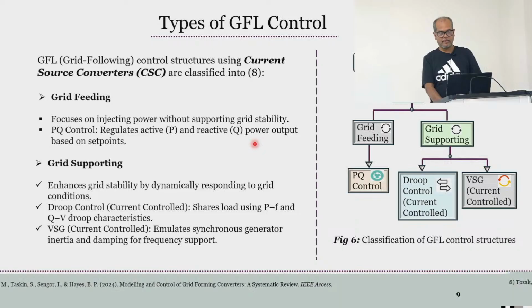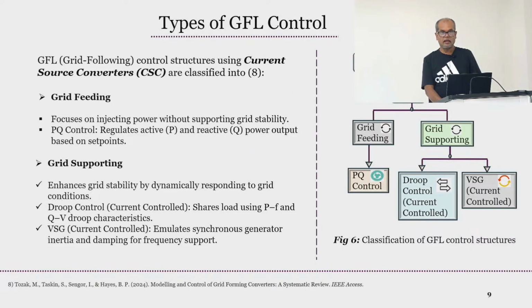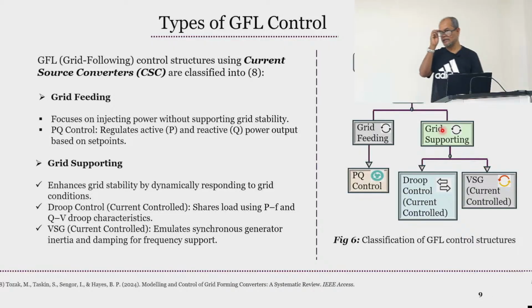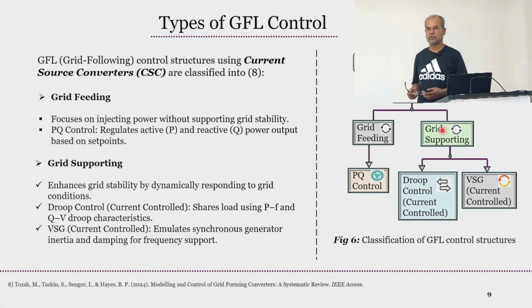If you classify all the grid following controls, this is definitely current source control, but you could have either grid feeding or grid supporting. If it is grid feeding, as I already mentioned, like PQ control, it's just feeding power to the grid.